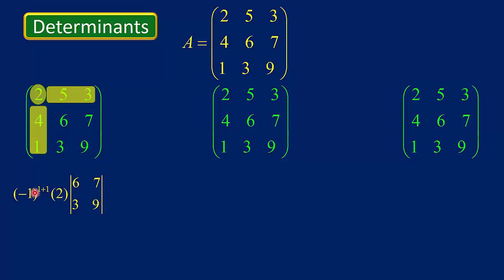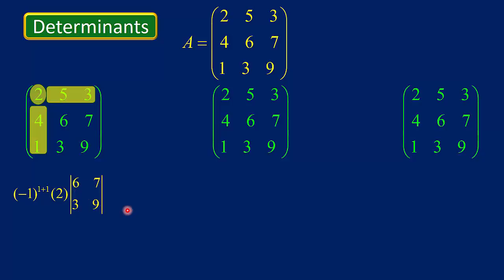And the way the signs alternate is consistent with this little technique here: raise negative 1 to either an even power or an odd power. If you raise negative 1 to an even power, you get a positive. If you raise it to an odd power, you get a negative. So what we do is we put the row 1, column 1, so there's 1 plus 1, times the little pivot here, the 2, and then times the determinant of what's left, 6, 7, 3, 9.